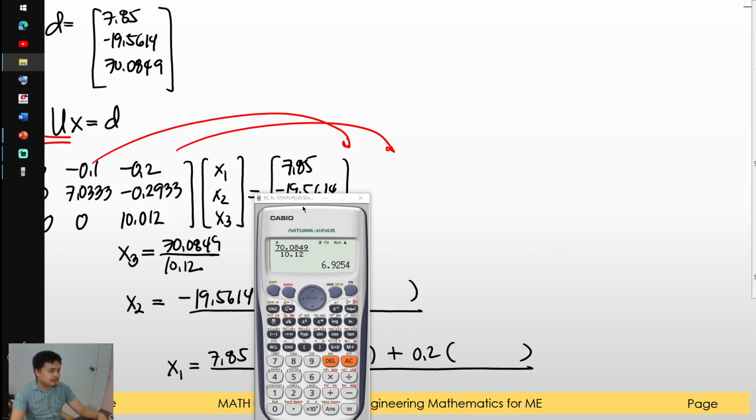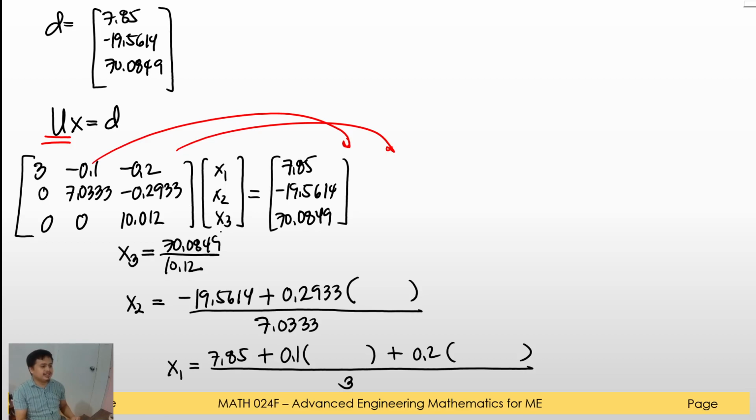We have another error. It's 7.0001. So substitute the value here.